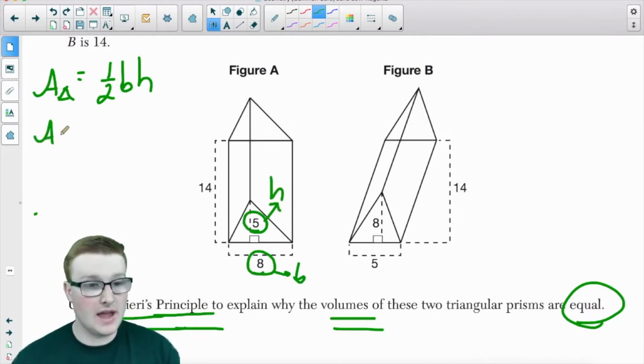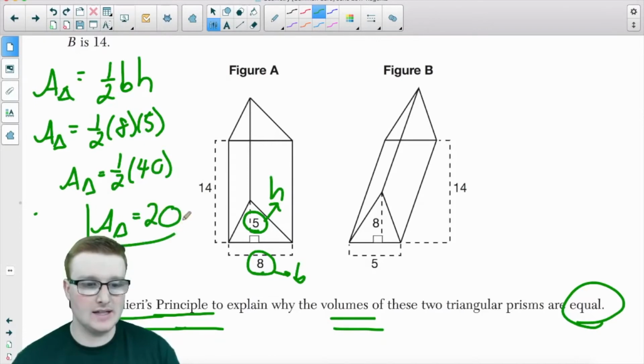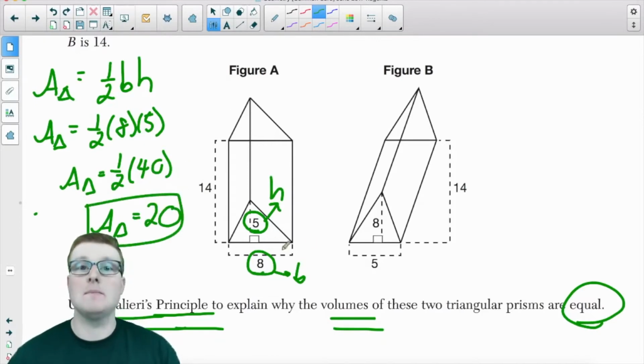So the area is 1/2 times 40, since 8 times 5 is 40. 1/2 of 40 is 20. So that's the area of the base of figure A.